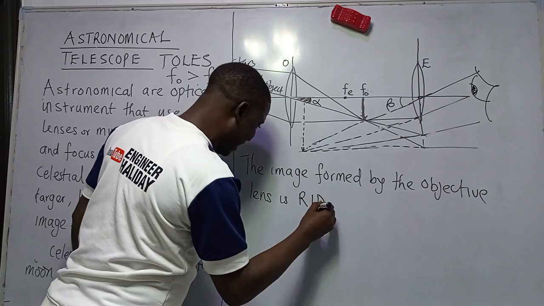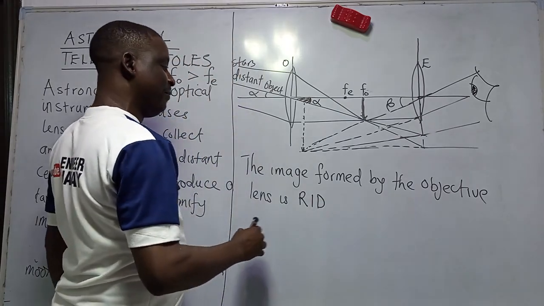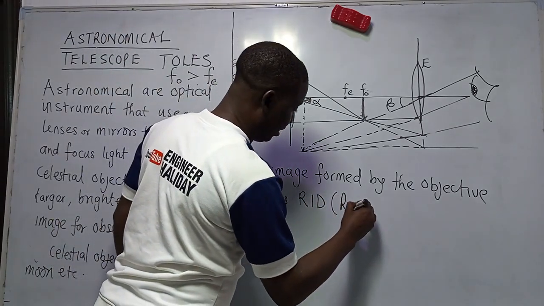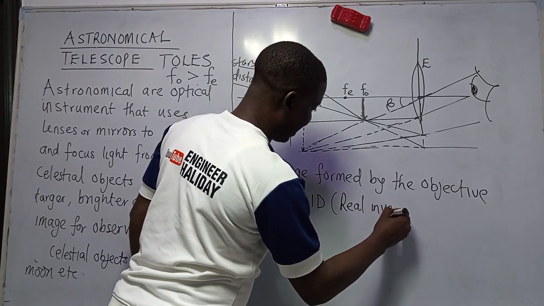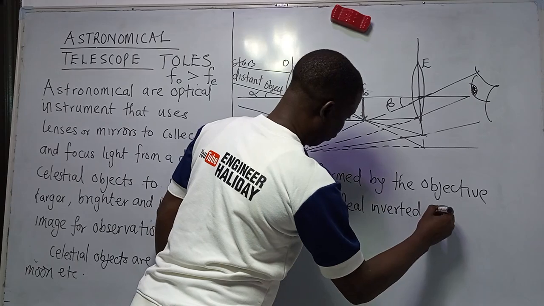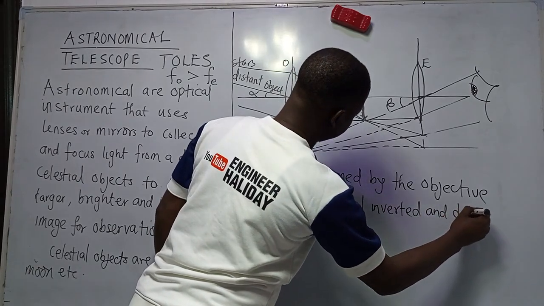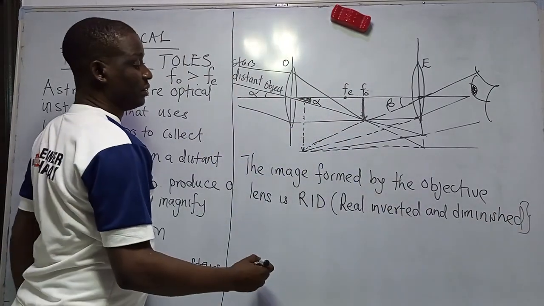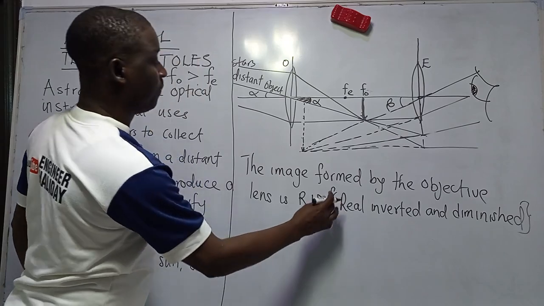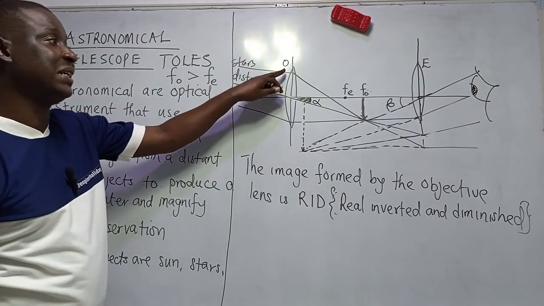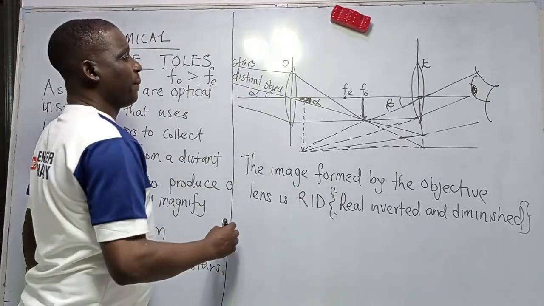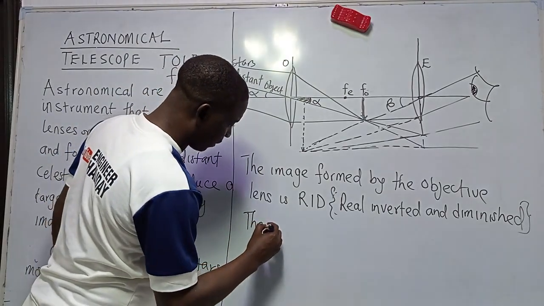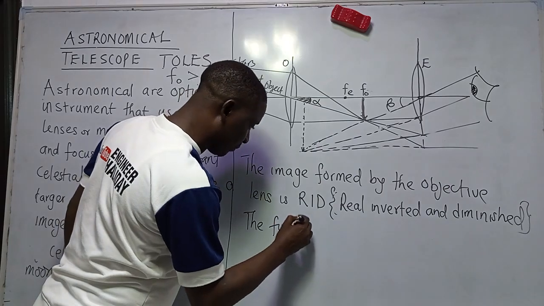Real, inverted, and diminished. So it is real, inverted, and diminished. This is the image formed by the objective lens. Now what about the final image?